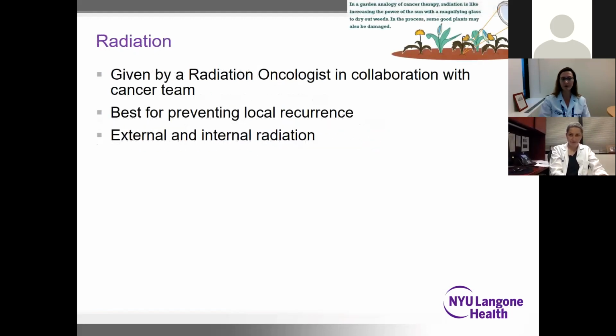In terms of radiation, we don't give radiation ourselves. We would refer to a radiation oncologist as another team member that actually gives the radiation, but we work with them very closely. Radiation in general is better for controlling disease that's in one area. Surgery is usually to remove disease or make sure there's not cancer hiding somewhere.